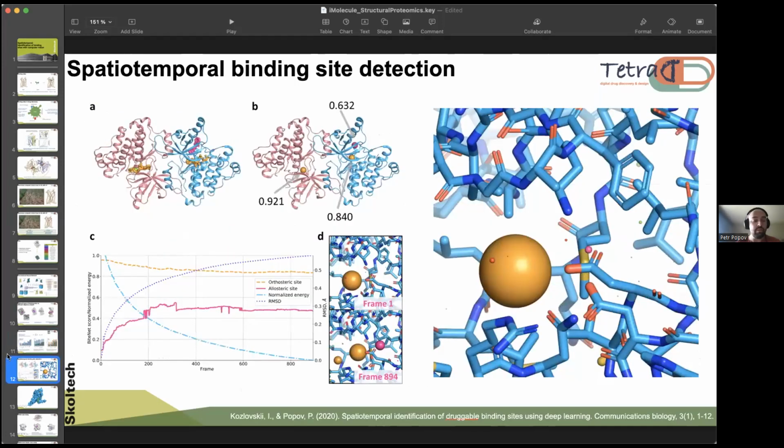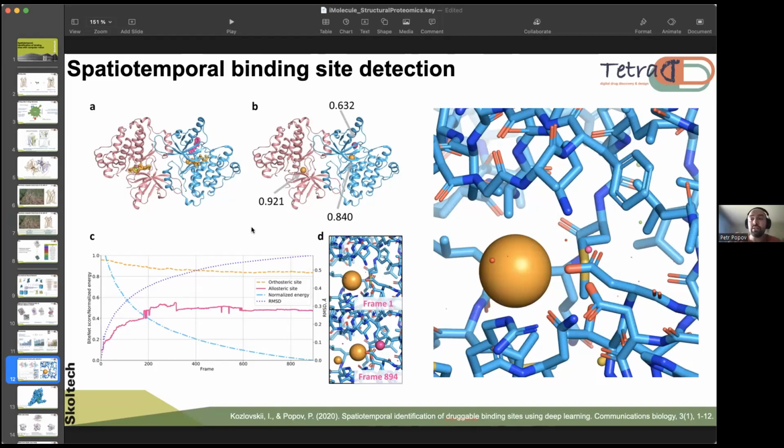Another important thing related to the previous talk is that proteins are dynamic by nature, while in the experimental structures, we have static structures. We're talking about crystallographic structures or cryo-EM structures. The problem is that in these experimental structures, it's very easy to overlook the binding site because the protein is dynamic and the binding site is dynamic.